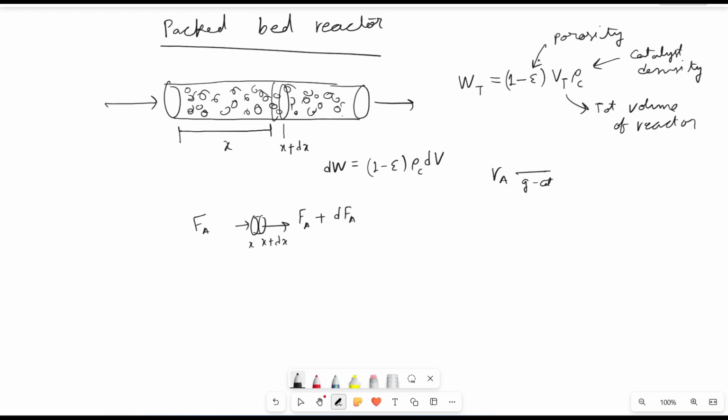This is mole per meter cube per second per gram catalyst. The unit of Ra, let me denote it by prime, will be mole per meter cube per second per gram catalyst.